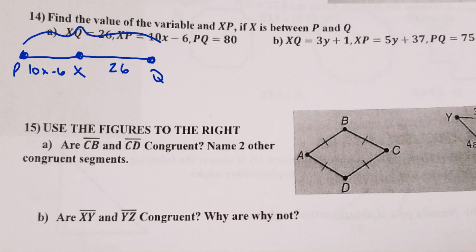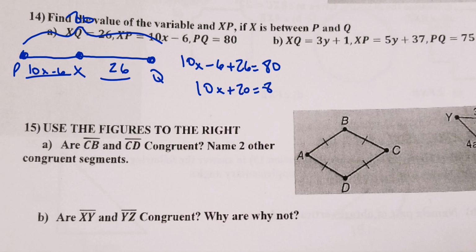The whole thing is 80. So I get to say this plus this equals 80. So I say 10x minus 6 plus 26 equals 80. I get 10x plus 20 equals 80. I subtract 20, I get 10x equals 60. So x equals 6.